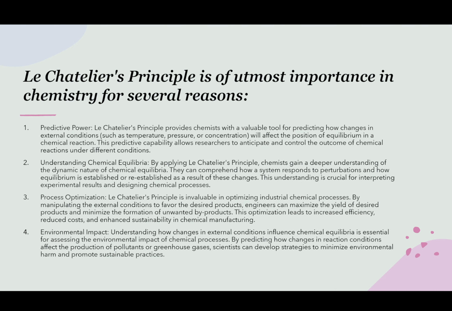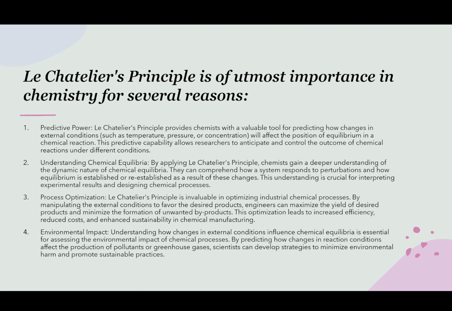Right, another thing is the optimization of industrial chemical processes. Right, the majority of our industrial processes that produce all these products that we know and love are all governed by Le Chatelier's principle. Because they're all governed in such a way to produce the product at the most efficient way, right?